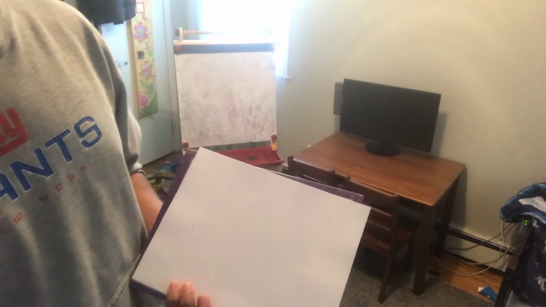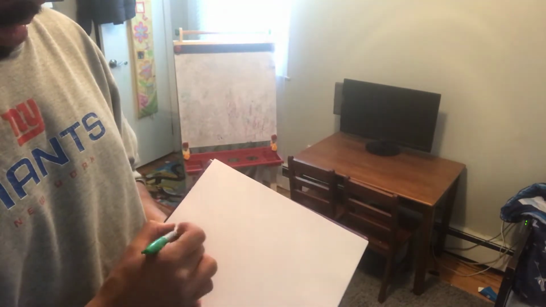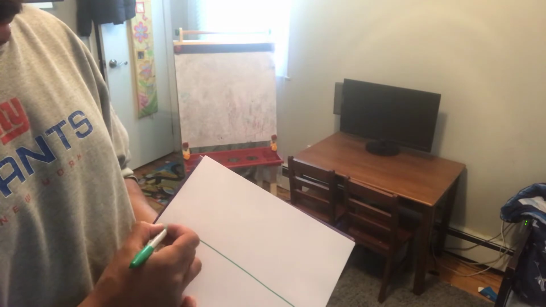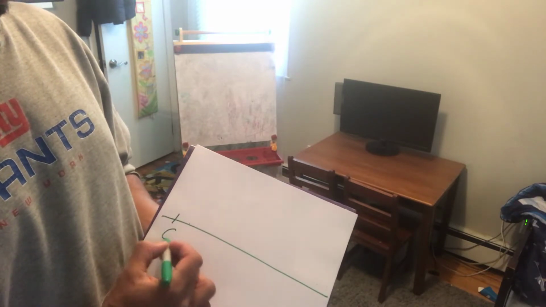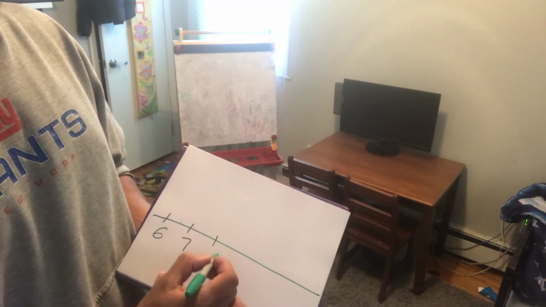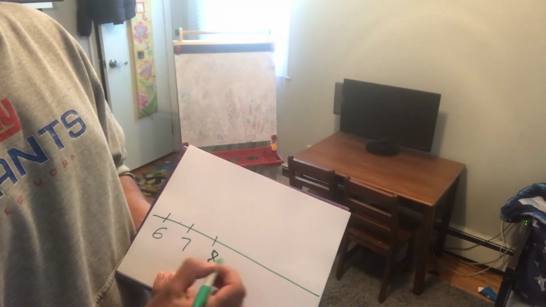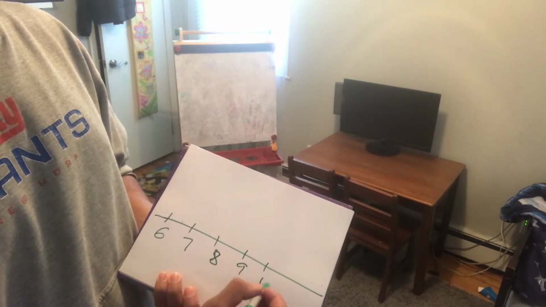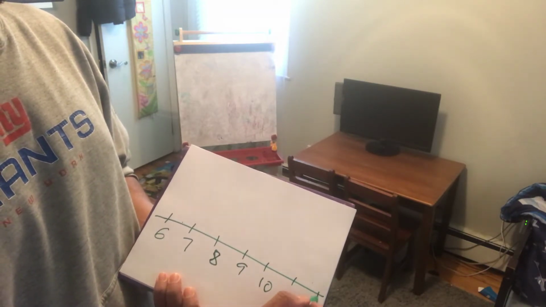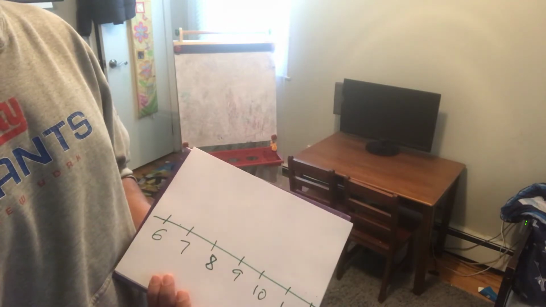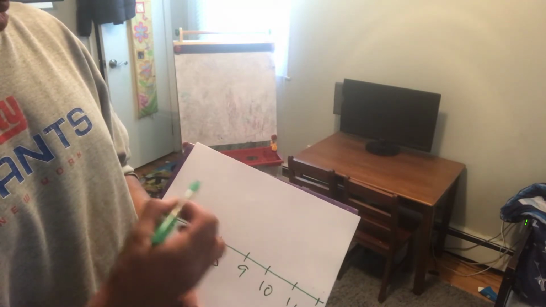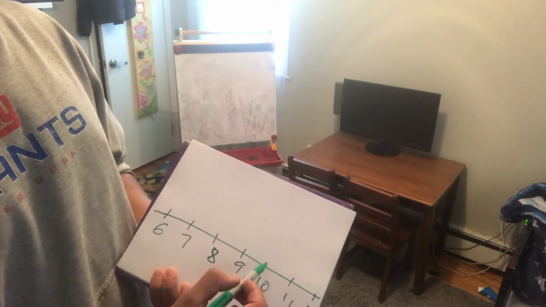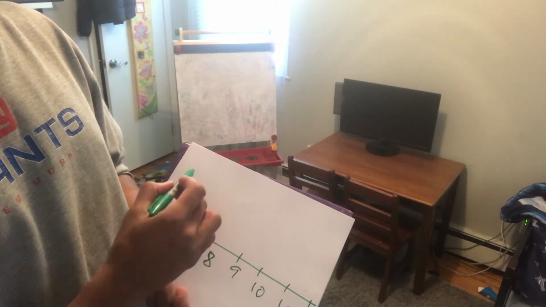But we can start anywhere in our number line again. I can start my number line at 6. 6, 7, 8, 9, 10, 11, 12. So I want to do 10 minus 3.